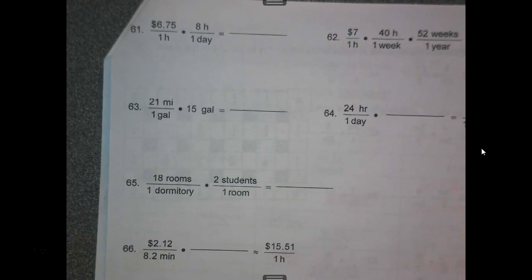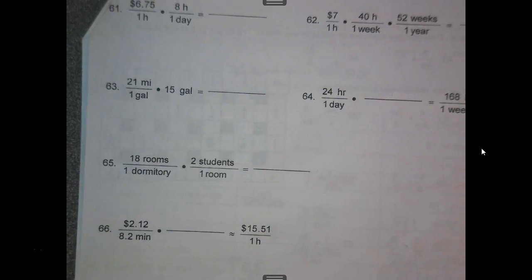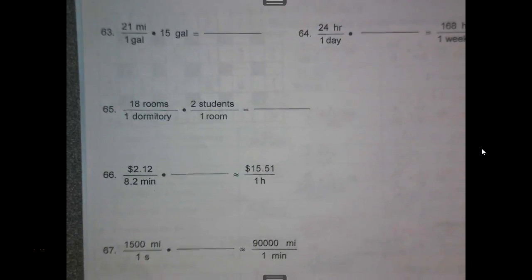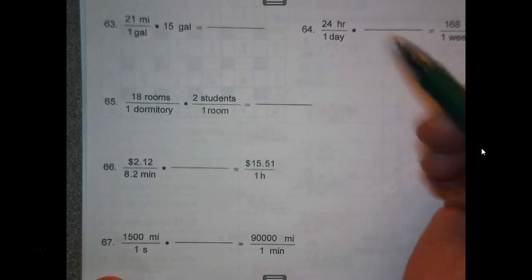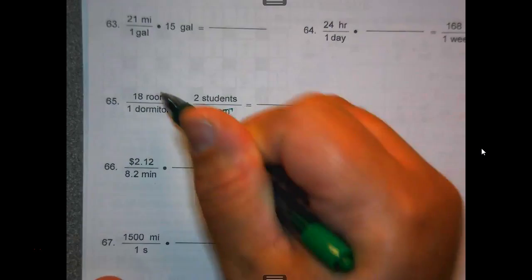I think you guys, let's do 65 and 66. Okay, 65. We can cancel out room with room.